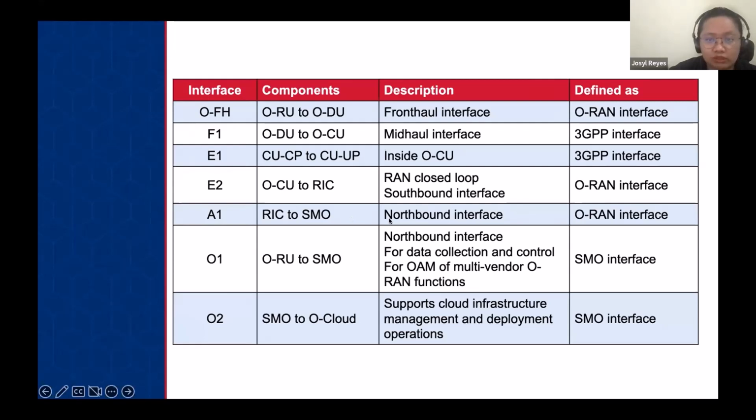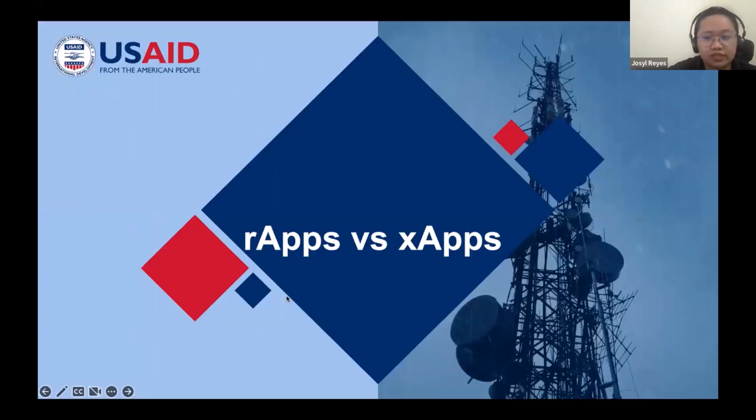A1 is the northbound interface. O1 is also a northbound interface, for data collection and control for OAM of multi-vendor ORAN functions. O2 is to support the cloud infrastructure. In the ORAN architecture, there is an O2 interface connecting the SMO to the O-Cloud. Now let's look at the rApps and xApps.